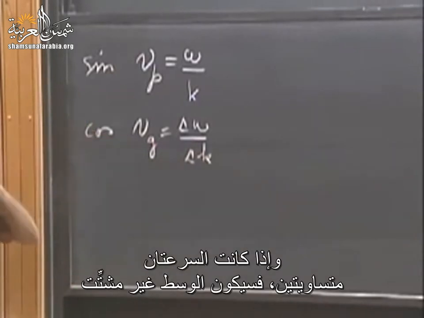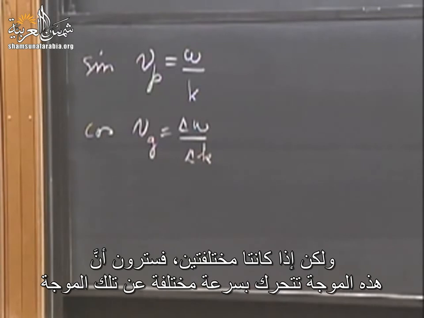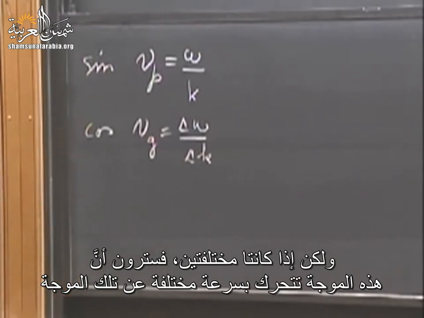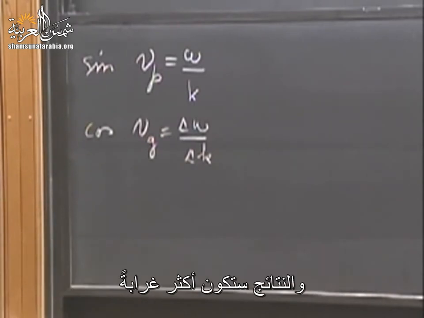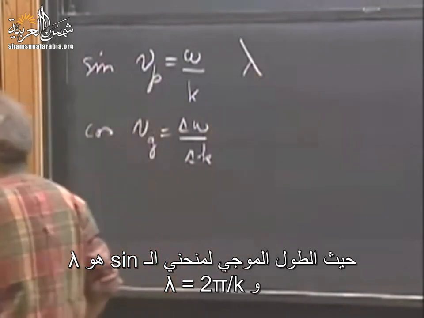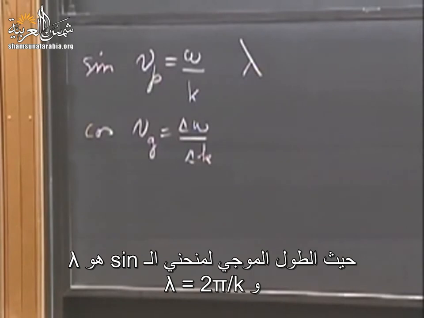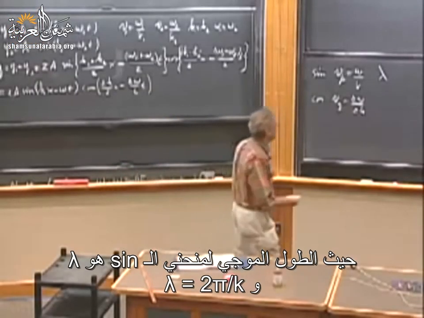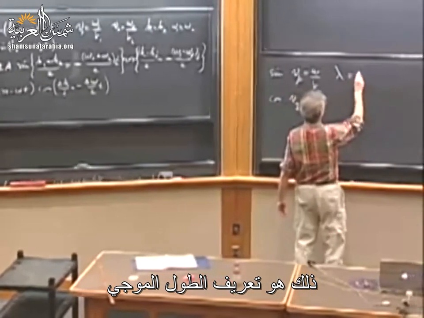And if the two are the same, then it's a non-dispersive medium. But if the two are different, then you're going to see that this wave moves with a different speed than that wave. The consequences are even more bizarre. The wavelength of the sine curve is, of course, given by 2 pi divided by k. That's the definition of wavelength.